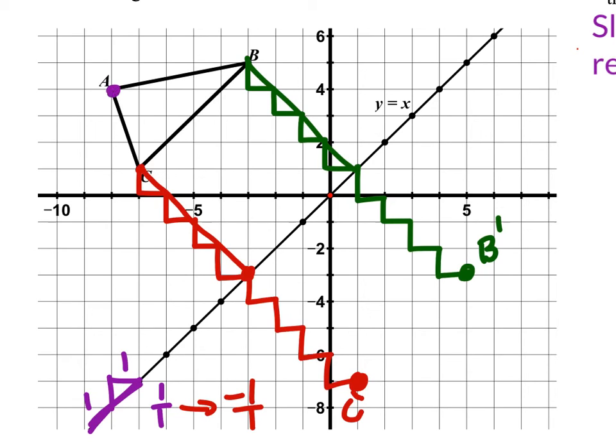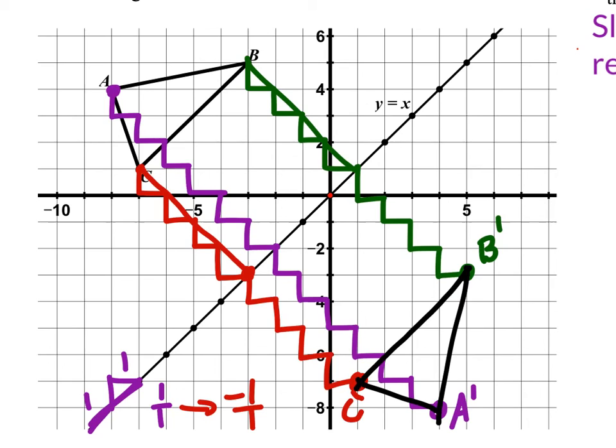And then finally A, 1, 2, 3, 4, 5, 6 steps. But I've got to go in the other direction the same number of steps. 1, 2, 3, 4, 5, 6. And that is where A prime is. So the final step here is just to connect the dots, and that gives us the reflection.